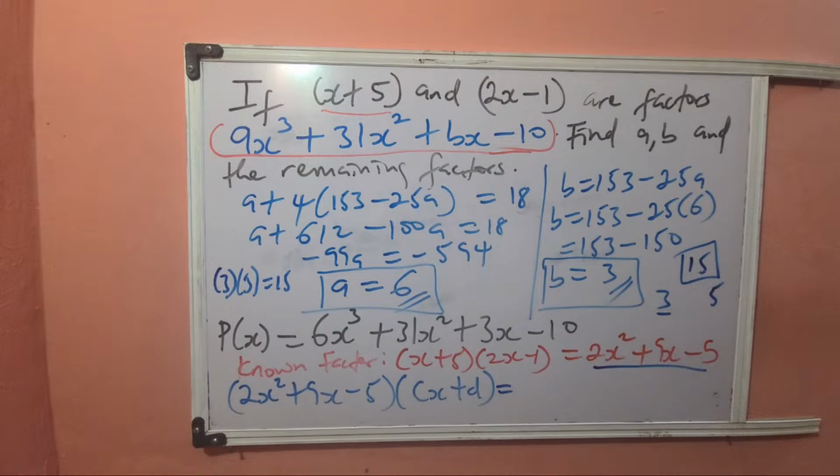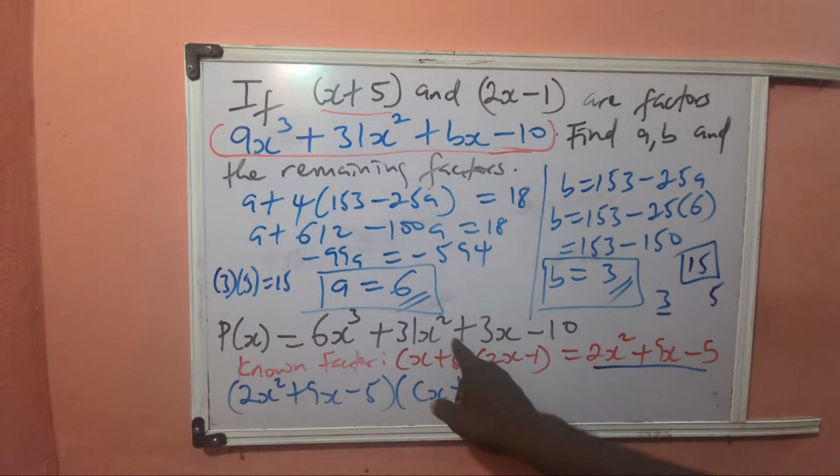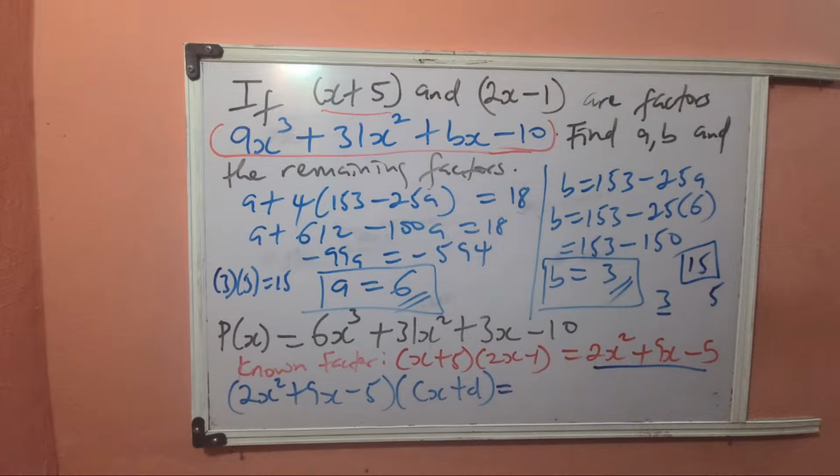So looking at what we have here, I will go on to expand these two things fully. I may not be doing that right here, but I have the answer right here. Let me write the result of the expansion. That means the multiplication of these two things must give me my polynomial, because this is a known factor multiplied by an unknown factor.